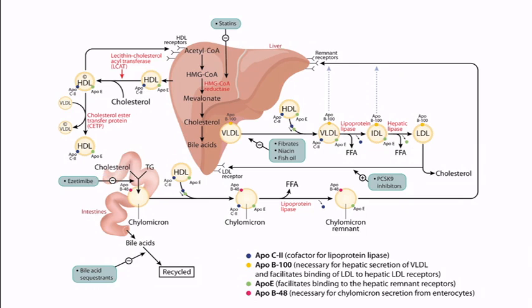Notice from the figure that there is a red dot on the chylomicron right here, which represents an apolipoprotein known as ApoB48. ApoB48 is only found on chylomicrons and is necessary for chylomicron secretion from enterocytes. You can see that the key states that right here.